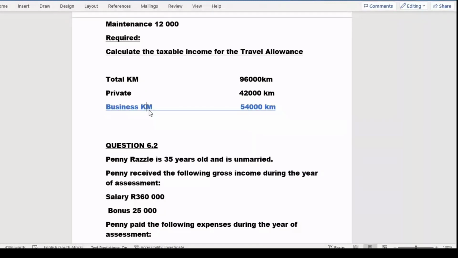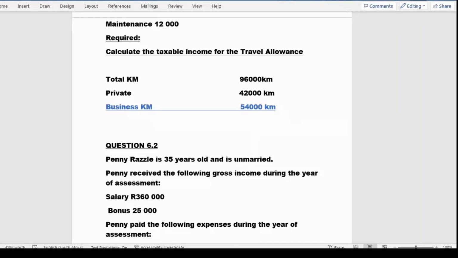Yes, you must always have the two. And if you're given the private kilometers and the business kilometers, you add them together, they will give you 96,000. Are you happy? Yes. Do you have any questions before I go further? No, I think I will ask when you proceed. Okay, as and when we proceed. No problem.